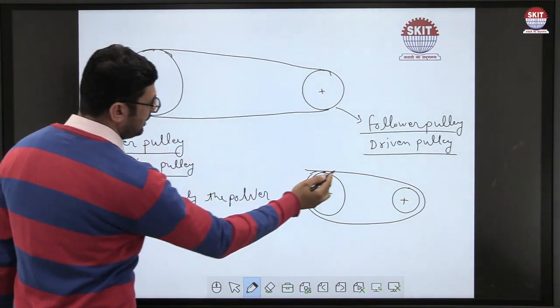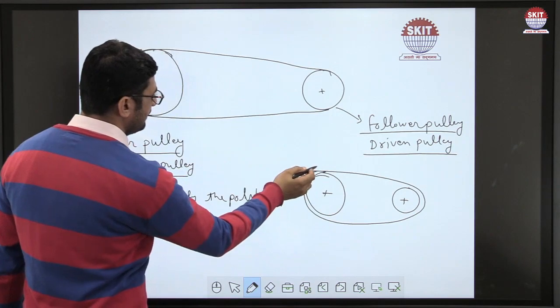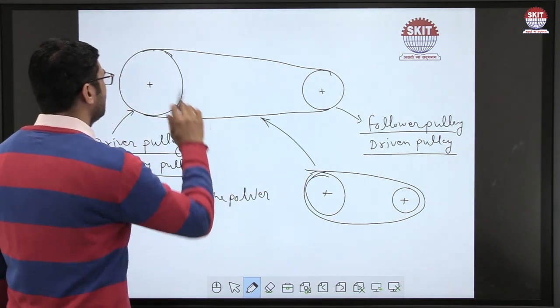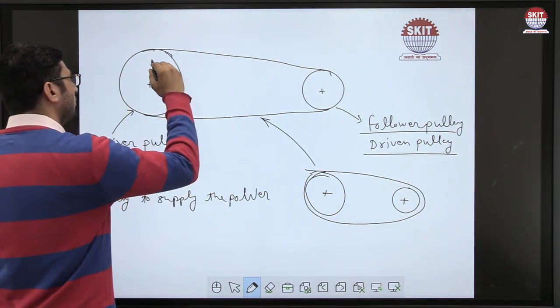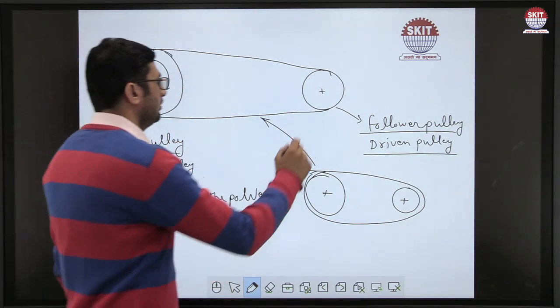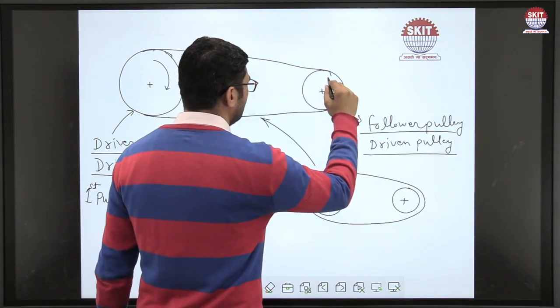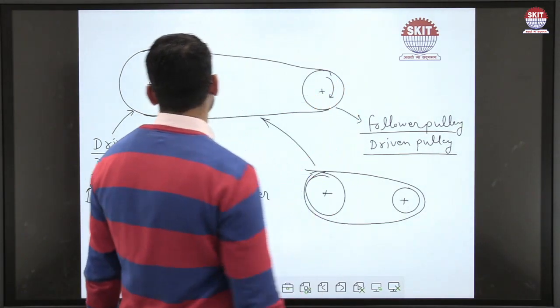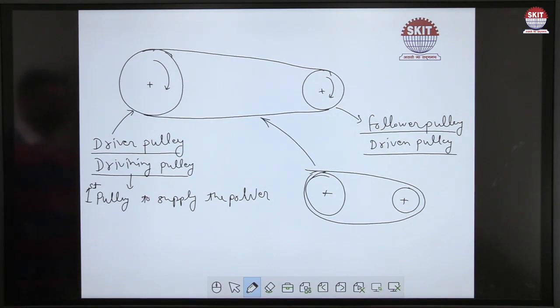When we tighten the belt on these pulleys, and then rotate the driver pulley, the belt rotates the driven pulley.